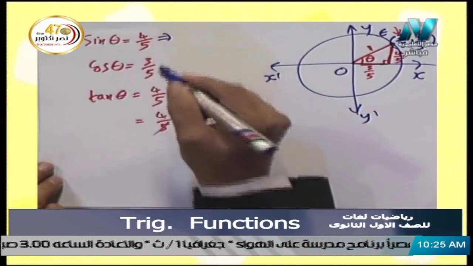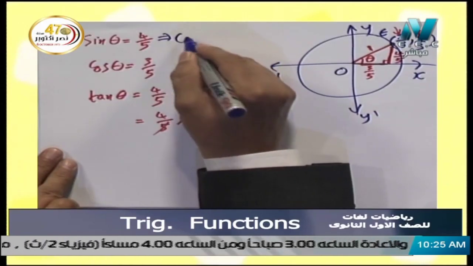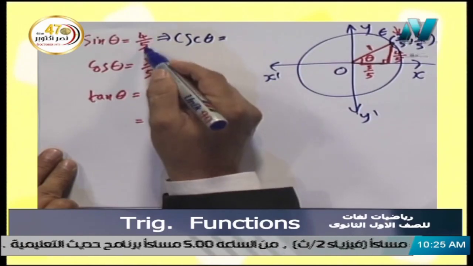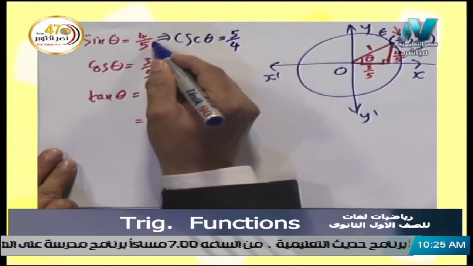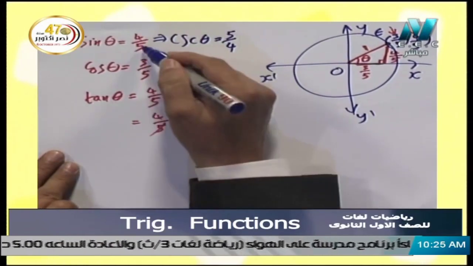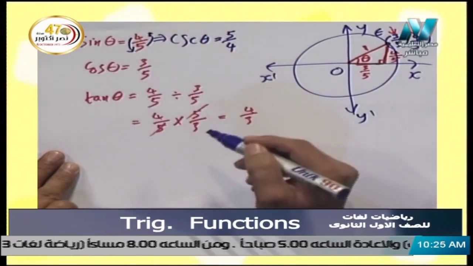We can say that sin theta, its reciprocal is cosec theta. Cosec theta is the reciprocal of sine, so it's 5 over 4. We can make the reciprocal here: 5 will be numerator and 4 will be denominator, so it's 5 over 4.